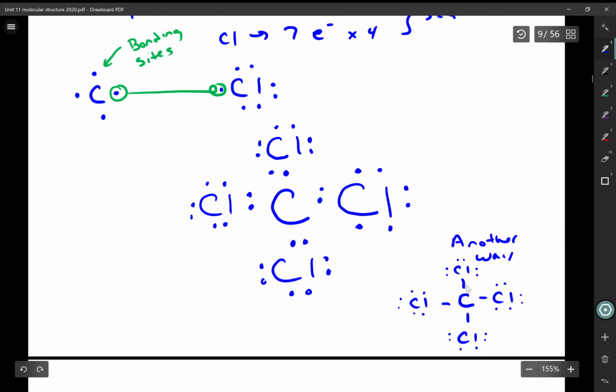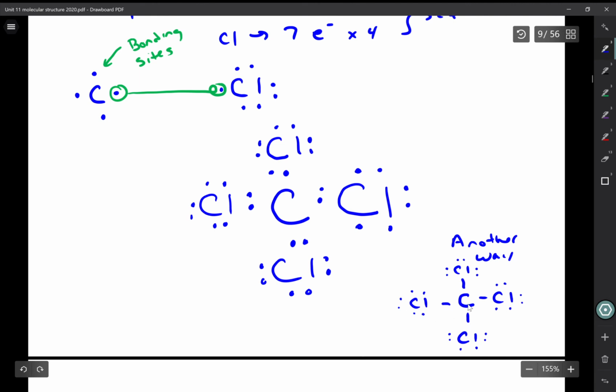Okay, if we look at each chlorine here, it has 6 unshared electrons. And then remember, this line represents 2 electrons, so that's 2 more right there. So that's a total of 8. So this chlorine has 8 electrons, 6 unshared and 2 shared. And the other 3 chlorines, same thing, 6 unshared, 2 shared.